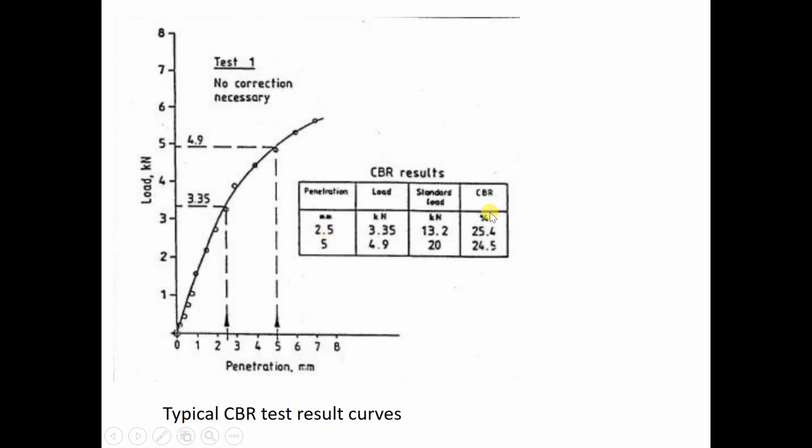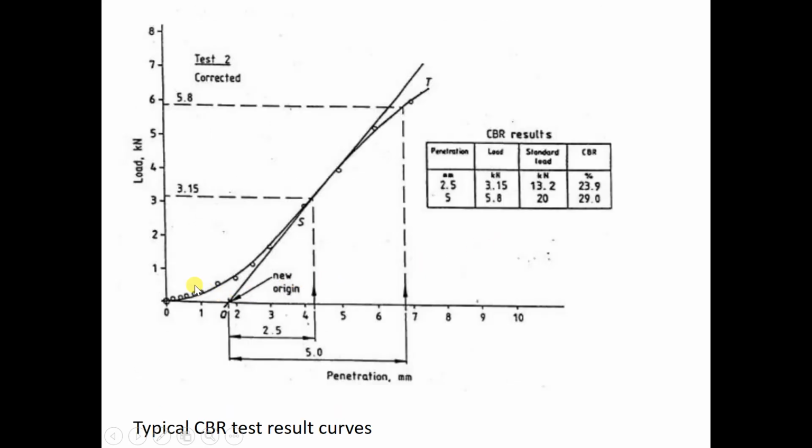But if the bottom part of the graph is not a straight line, we need to do some correction. You extrapolate the straight middle portion to cut the horizontal axis, at this point here.